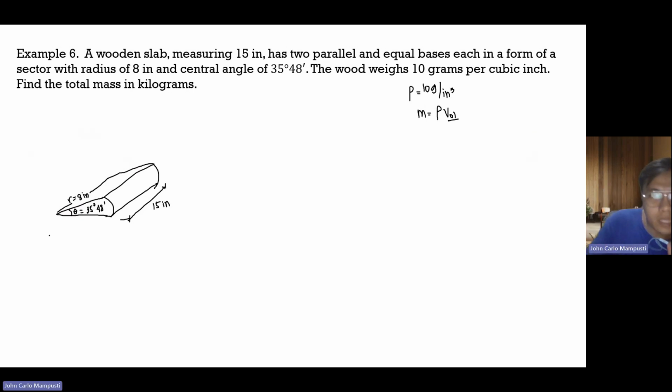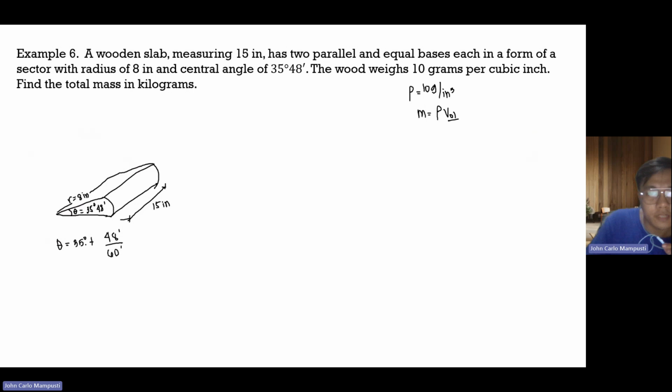So, ang equivalent po niyan, kasi para maging exact, kasi 'di ba ang mga degrees natin naka point something, 'di ba? So para maging exact siya, yung 35 degree 48 minute, we all know in 1 degree there are 60 minute.